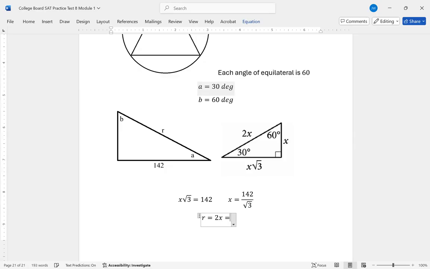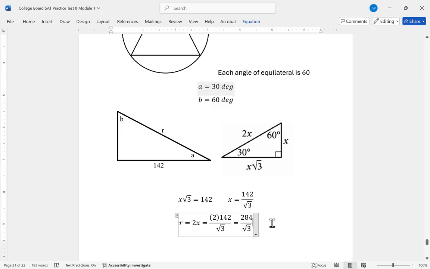So that means r has to be equal to 2 times 142 divided by the square root of 3. Or what's that? That is 284 divided by the square root of 3.